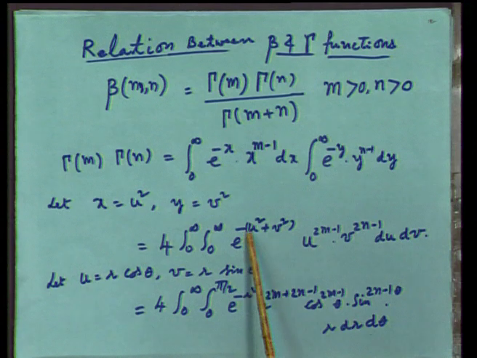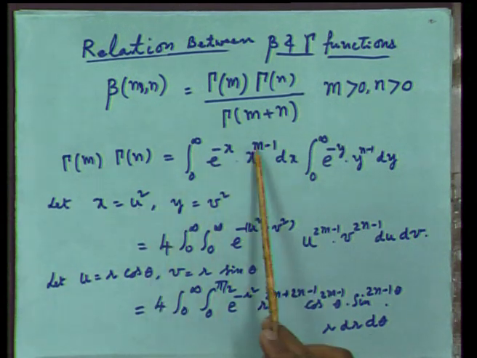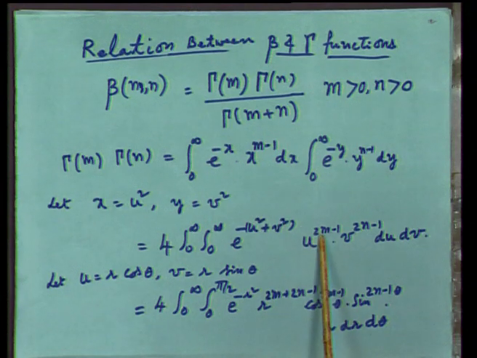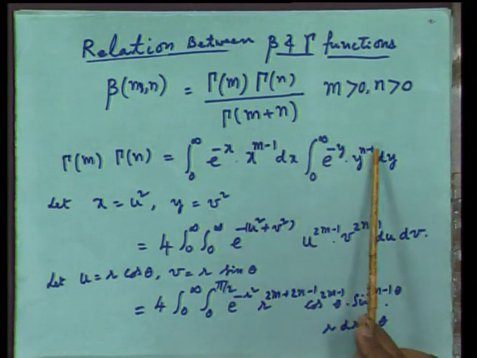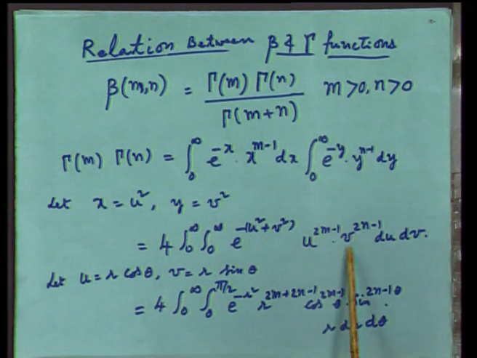So, e to the power of minus of u square plus v square multiplied by x, which is now u square raised to the power of m minus 1, and then y, which is v square raised to the power of n minus 1, will reduce to u power 2m minus 1 into v power 2n minus 1 into du dv.